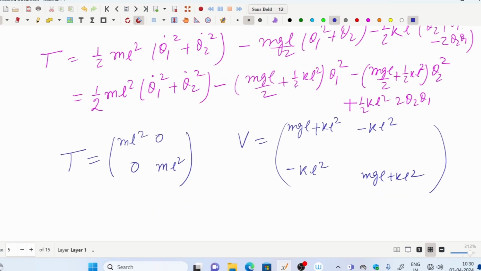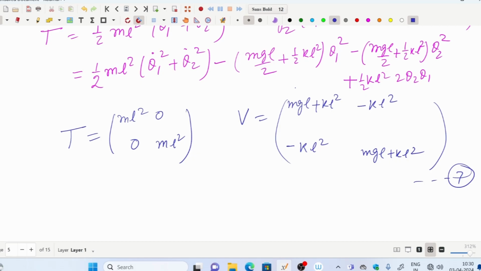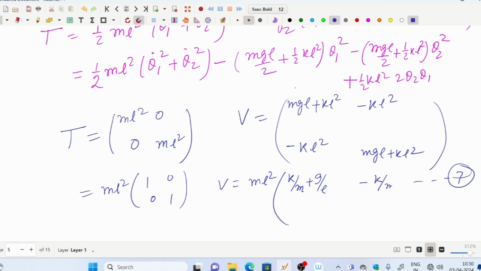Okay. So let us write this as equation 7, when we have the T and V matrices. So let me write the T matrix with m L square common. So it is 1 0 0 1, and for the V matrix also we take m L square common. So it will be k by m plus g by l, and this will be minus k by m.